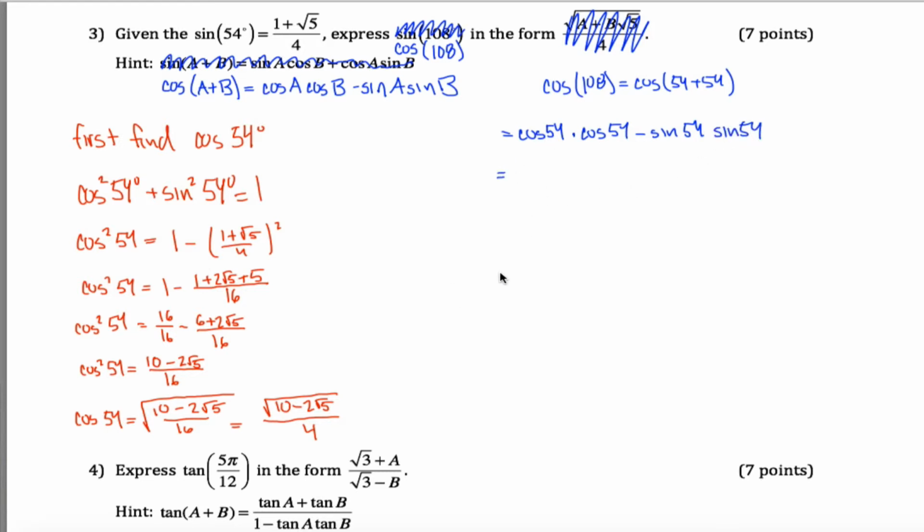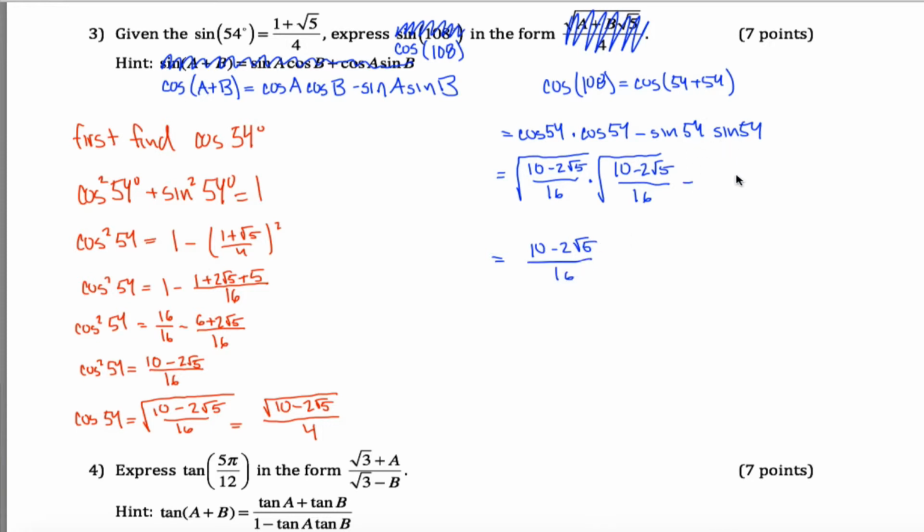The cosine of 54 is, you can use either of these two forms. I'm actually going to pick this first form here. I'm going to say it's the square root of 10 minus 2 root 5 over 16. And I picked that form because I'm just multiplying it by the cosine of 54, which is the exact same thing. Essentially, I'm squaring that guy. Those square roots are going to cancel out, and I'm just going to get 10 minus 2 root 5 over 16.